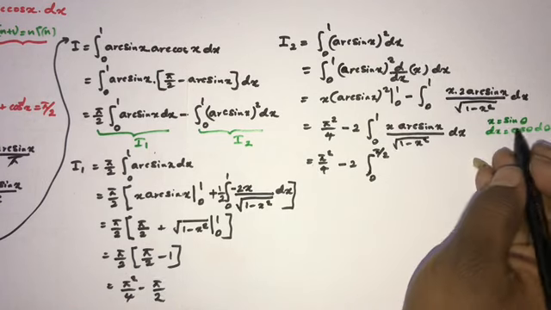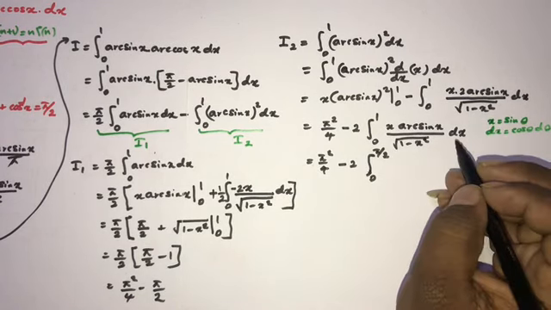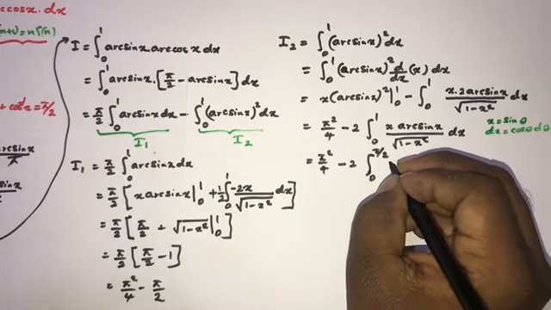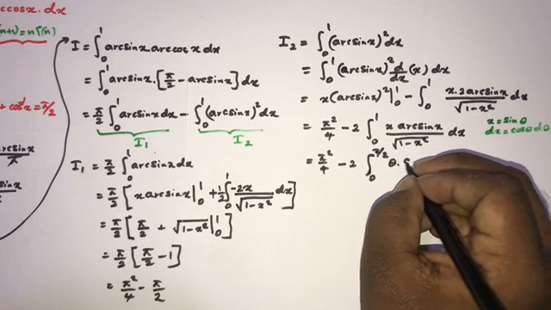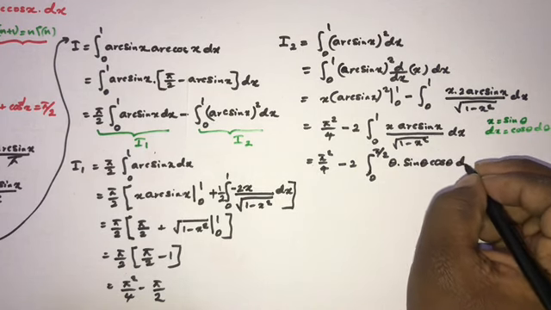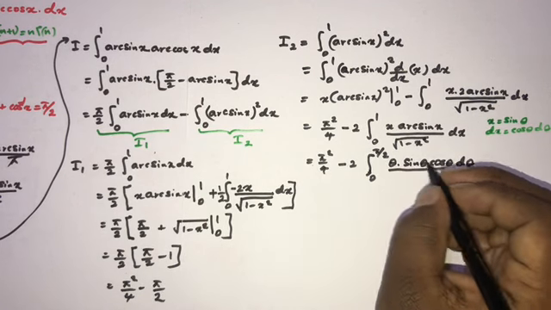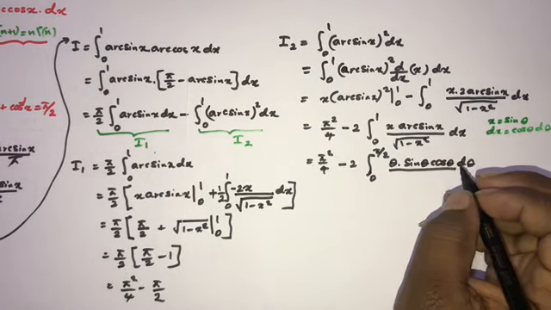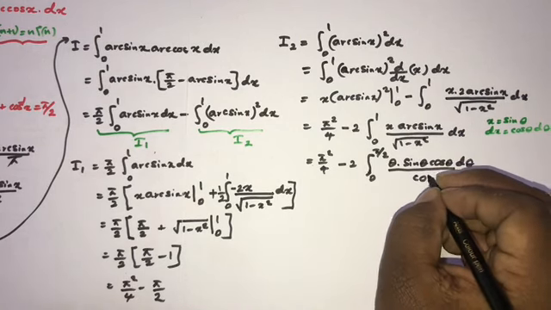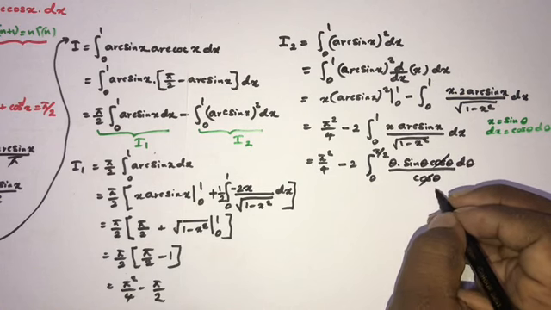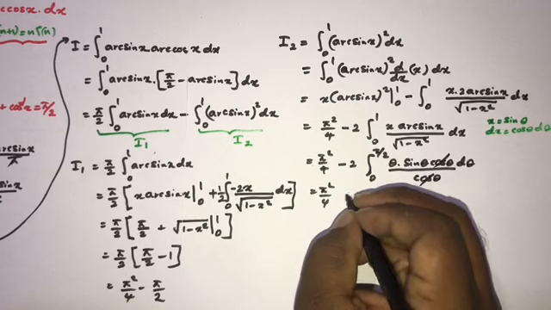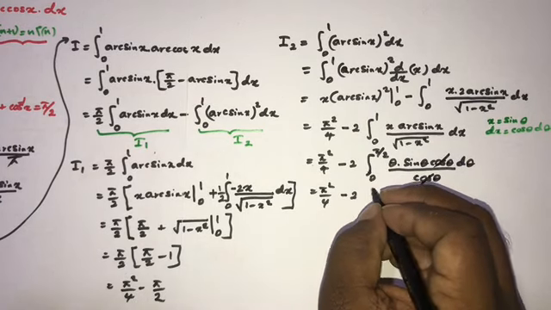Now x is sine of theta, arcsine of x is theta, so we have theta times sine of theta times cosine of theta d theta over the square root of 1 minus sine square, which is cosine square, so the square root is cosine of theta. Then cosine of theta gets cancelled, and here we have pi square over 4 minus 2 times the integral from 0 to pi over 2.